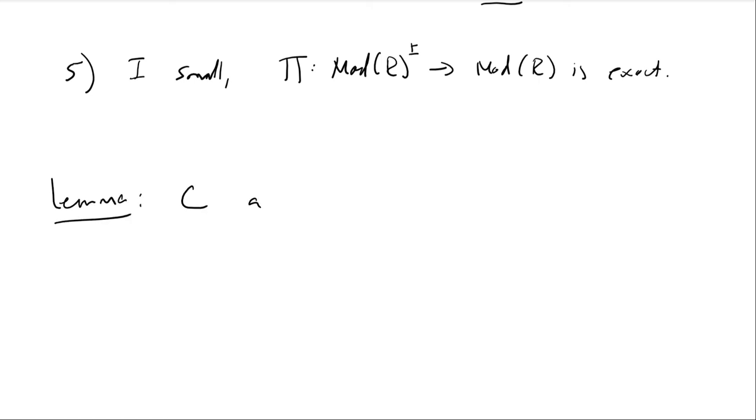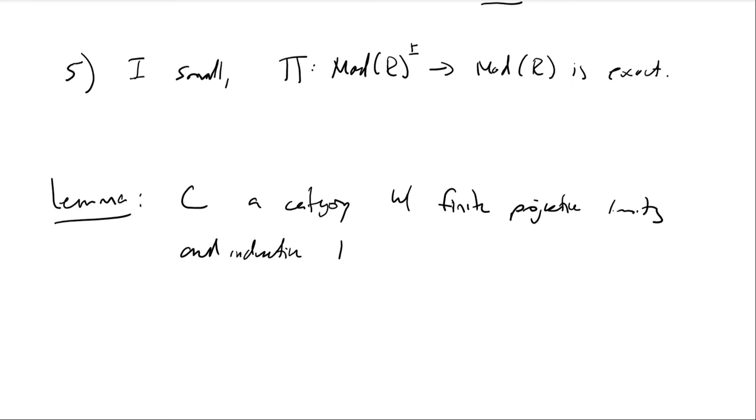So C, a category with finite projective limits and inductive limits indexed by a category I, and we assume that such limits are exact.